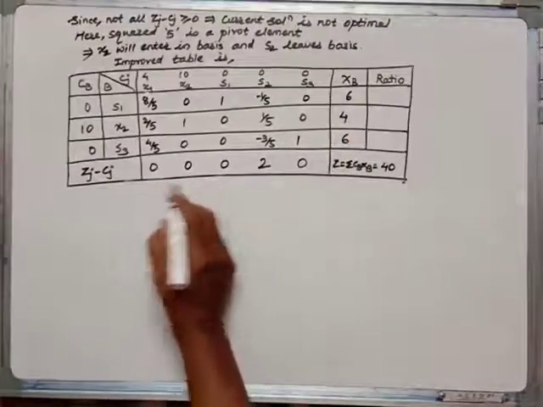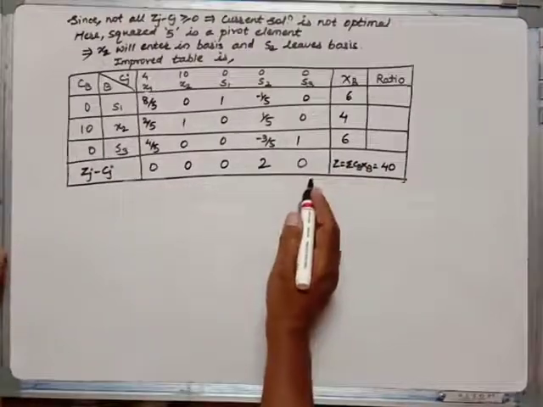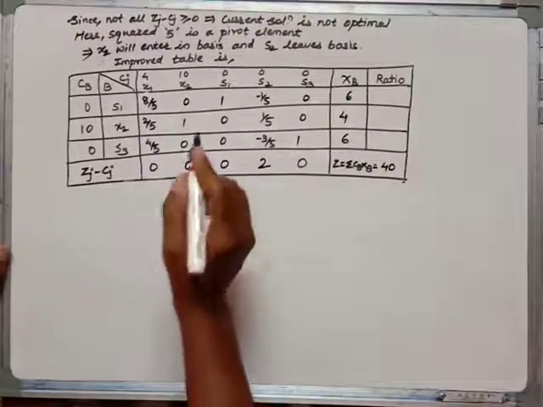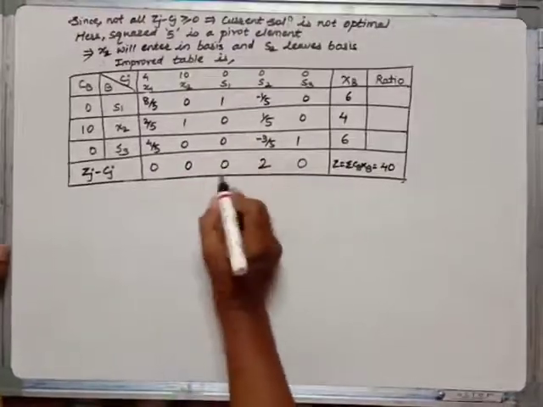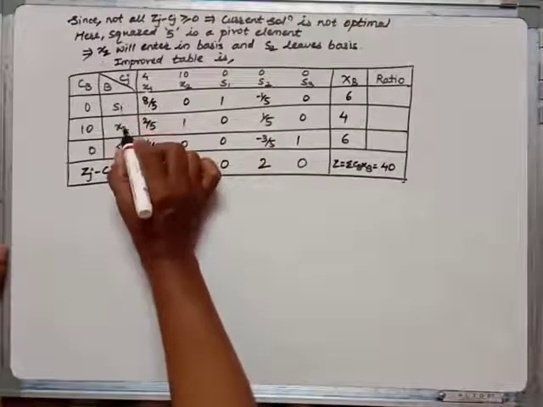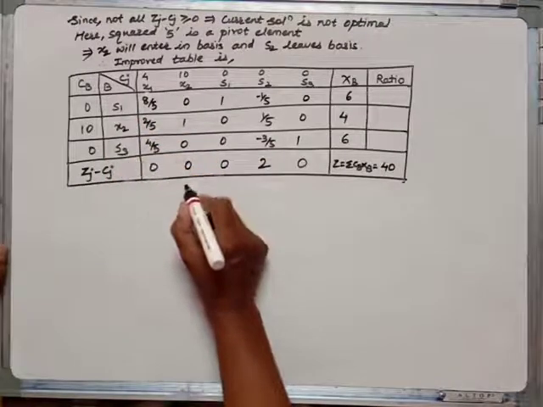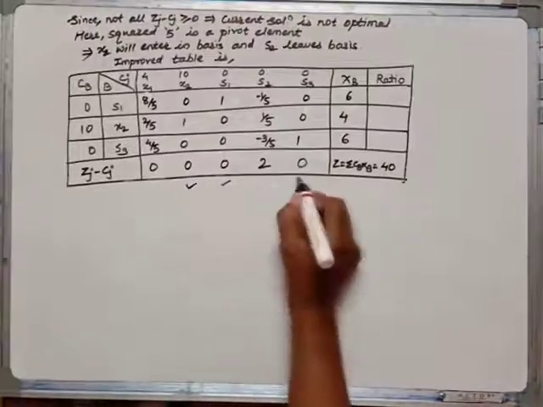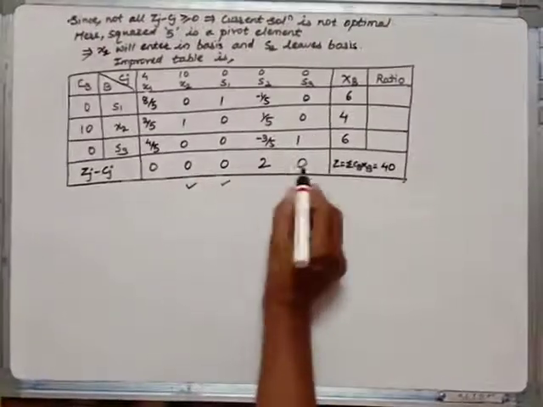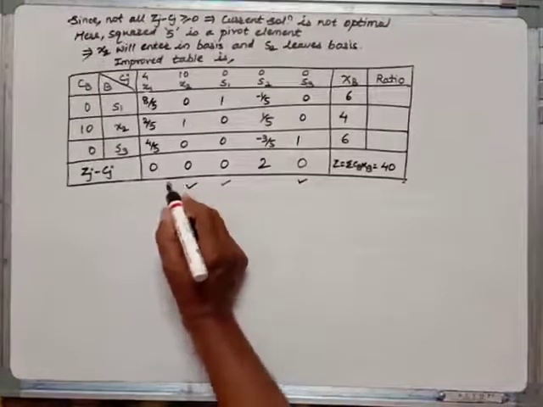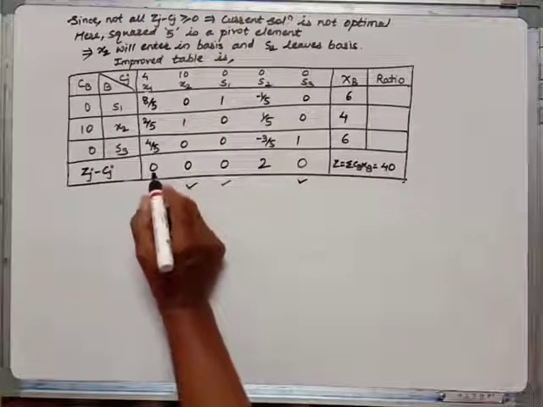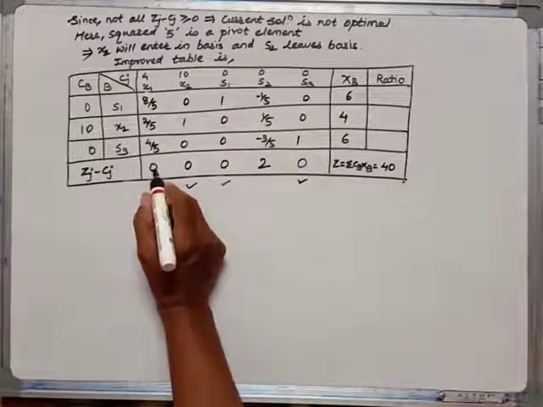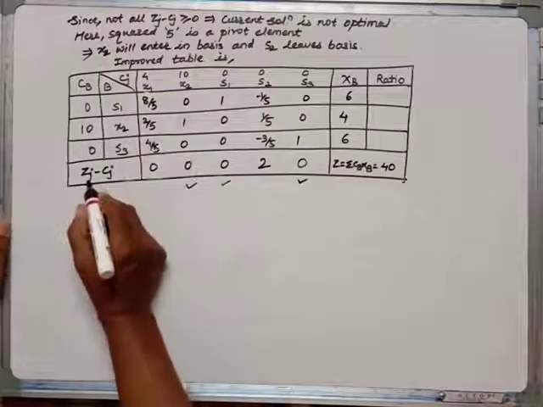Now all the Zj minus Cj are greater or equal 0, so it is an optimal solution. But you can check our S1, X2 and S3. Look at it. S1, X2 and S3 are basis elements, so their Zj minus Cj are 0. But this X1 having also Zj minus Cj 0 means it wants to enter in a basis.